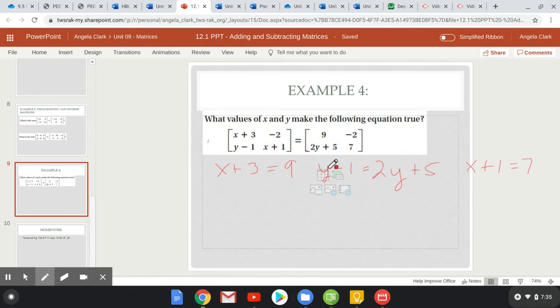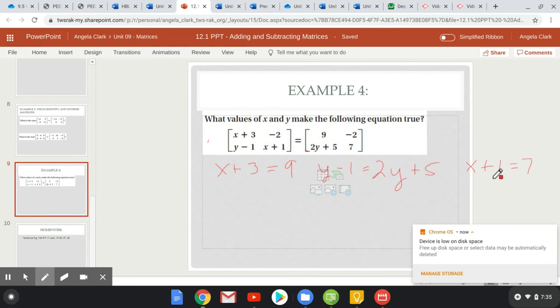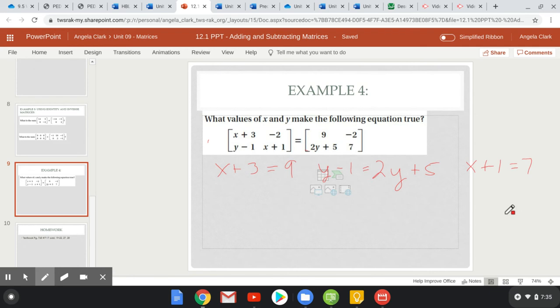Okay, so notice I have two equations with x in them and one equation with y. The one equation with y is fine. But I have two equations with x. So if these two equations don't give me the same answer, then there is no solution. If I solved this and got 7, and then I solved this and got 3, that would be contradictory and there would be no solution.